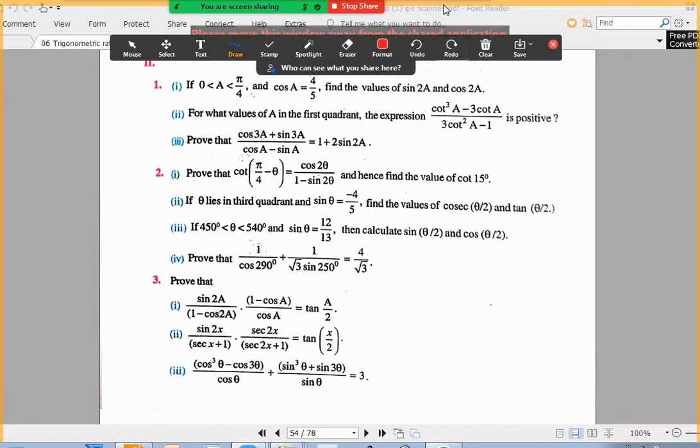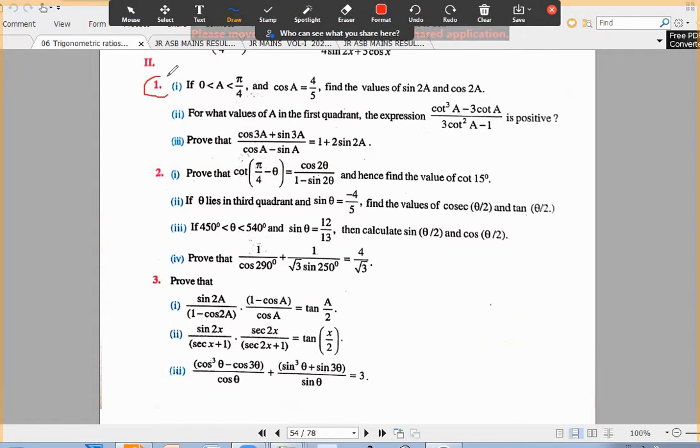Okay, section 2. In the first one, there are 3 questions. Anybody, any doubt in these 3 questions? No. In this section 2, sir, the solution PDF you already sent in the group, with solutions and clear explanations.